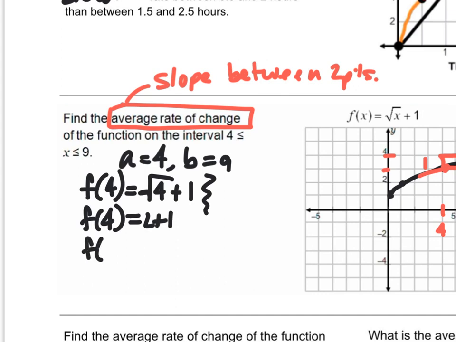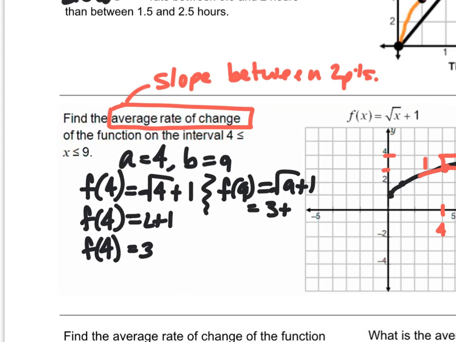So f of 4 is equal to 3. And then if I wanted to find f of 9, that's going to be the square root of 9 plus 1. So I get the square root of 9, which is 3, plus 1. And so f of 9 is equal to 4.